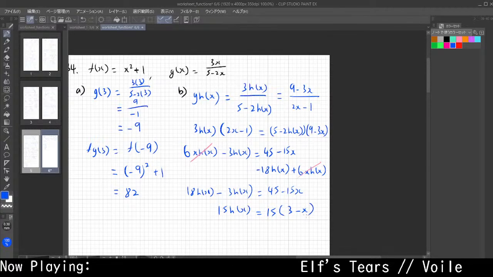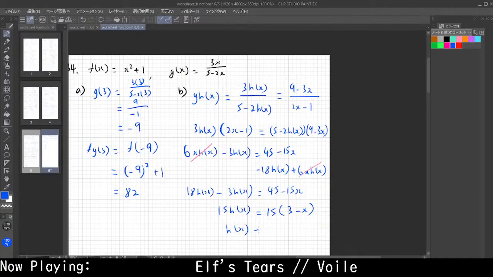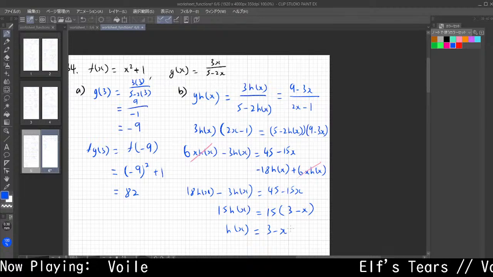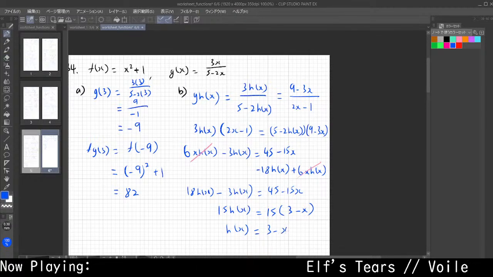Factorize the 15 out because you can, and then 15 moves over to divide. The 15s cancel each other out, and you will get 3 minus x. After this, there's nothing else to do, so this would be your answer.